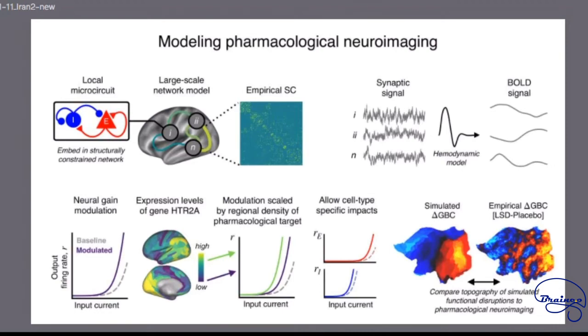In other words, a cortical region which has a larger value of the gene expression, we're going to give it a stronger gain modulation. And then within the local circuit, if we have E versus I, we're going to allow that to be fit as free parameters, whether E cells or I cells are preferentially targeted. And so that's going to give us a simulated BOLD delta GBC out of the model, and then we can compare that to what we see empirically.